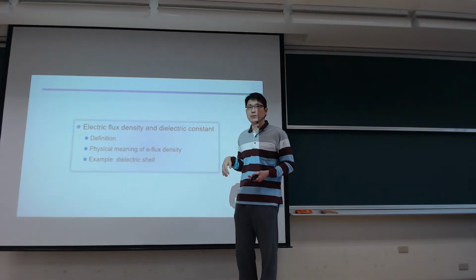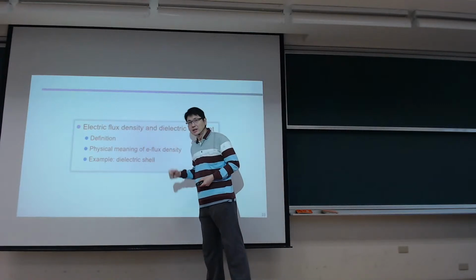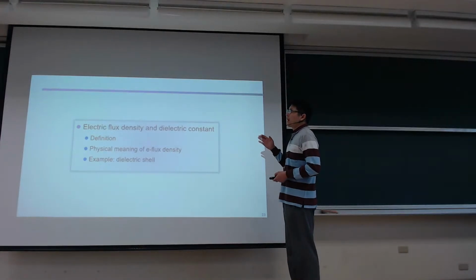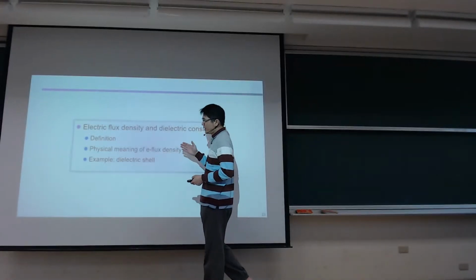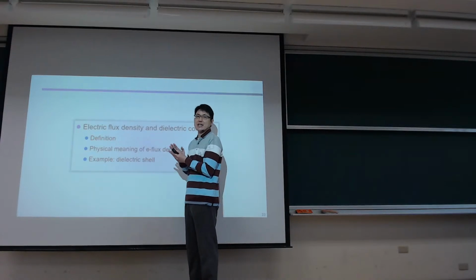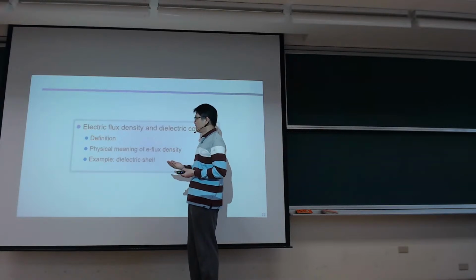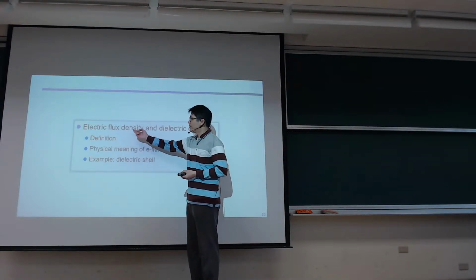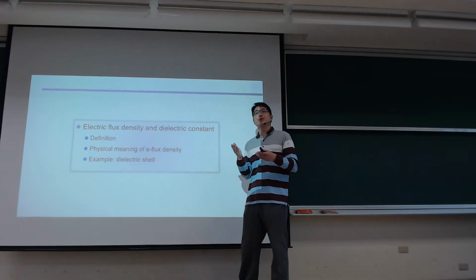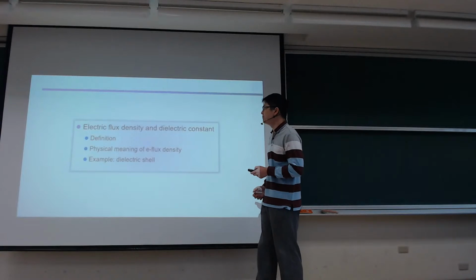But once you have materials, we talk about this D. I am going to define D, but I want to make a discussion which makes more physical sense: the meaning of flux density and the difference as compared to electric field intensity.